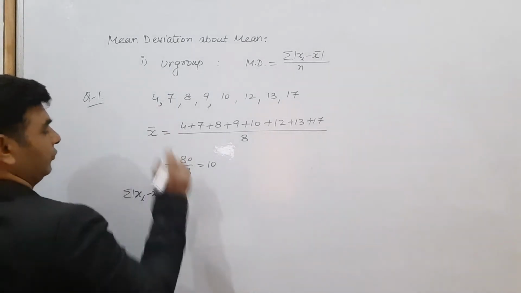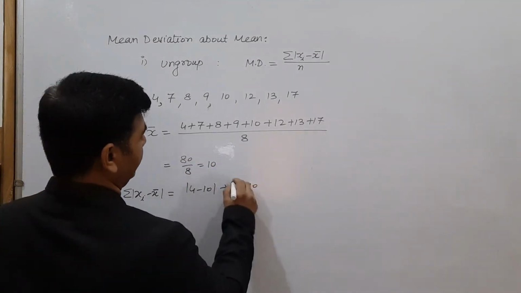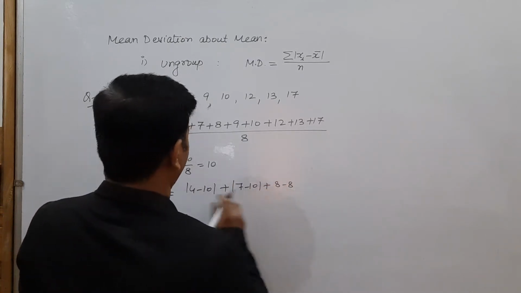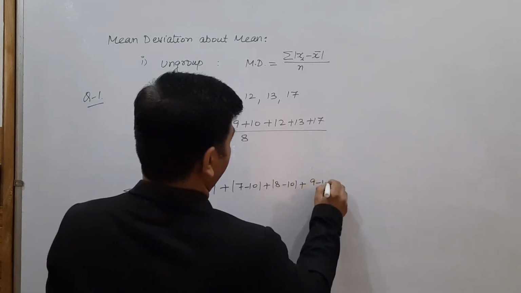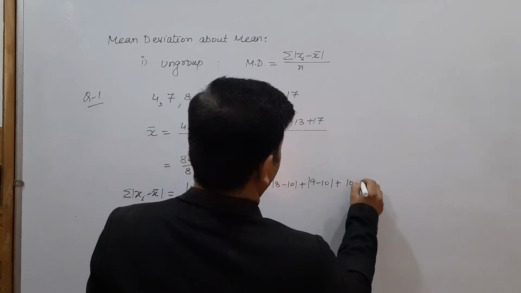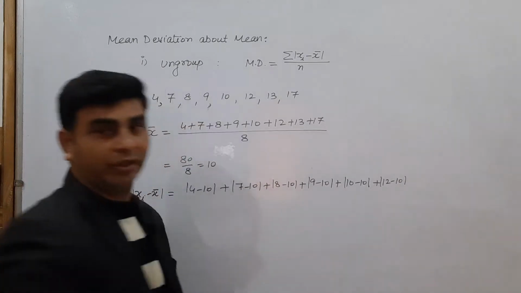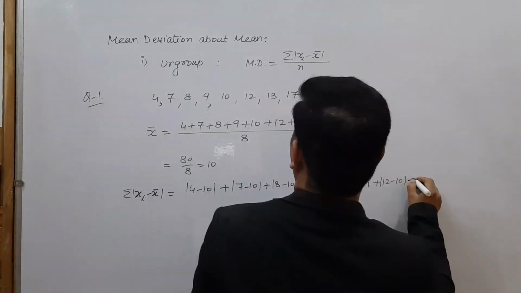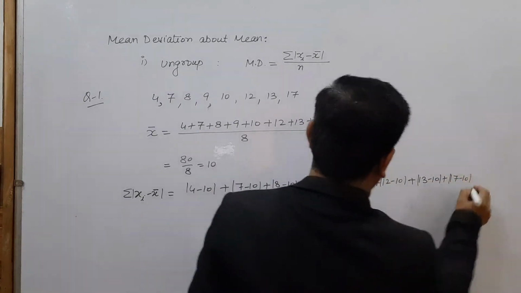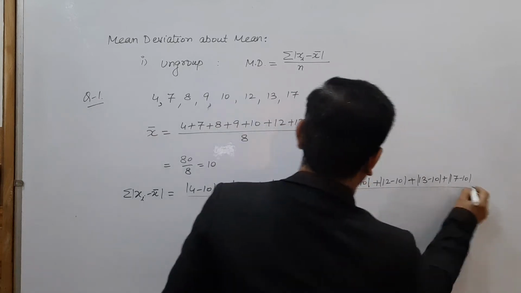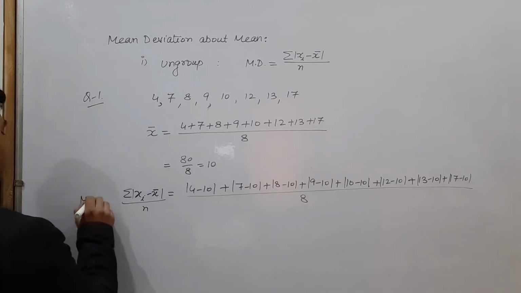So the first term is |4 minus 10| plus |7 minus 10| plus |8 minus 10| plus |9 minus 10| plus |10 minus 10| plus |12 minus 10| plus |13 minus 10| plus |17 minus 10|, divided by 8, if we are going to find the mean deviation directly.